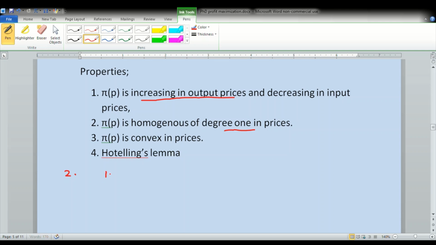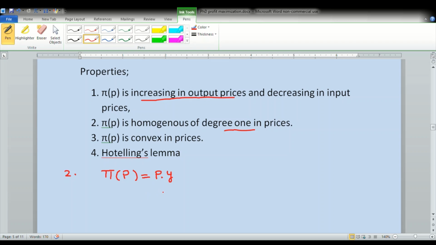Start again with the profit function. P is the initial price vector and y is the net put vector that maximizes profit at this price vector.